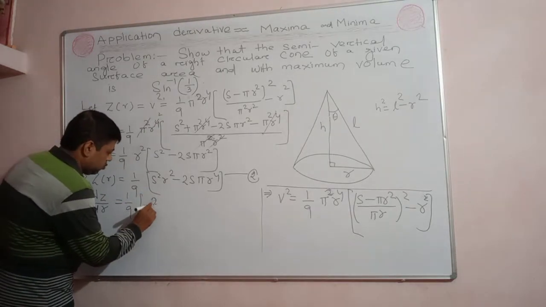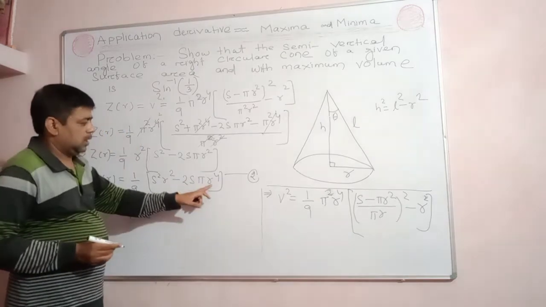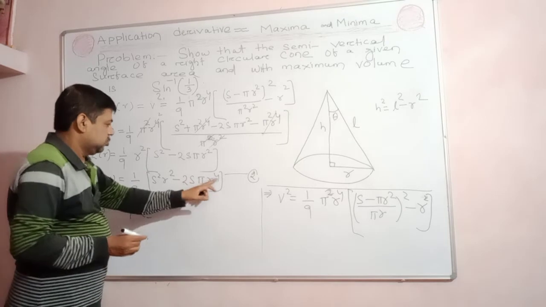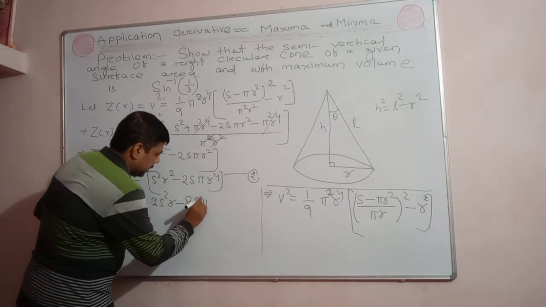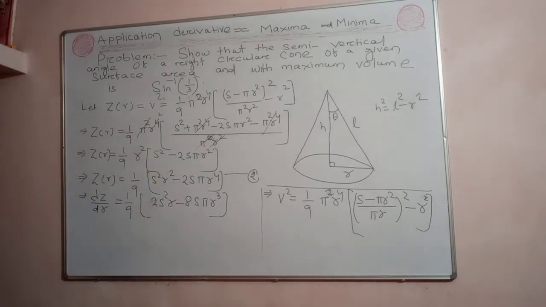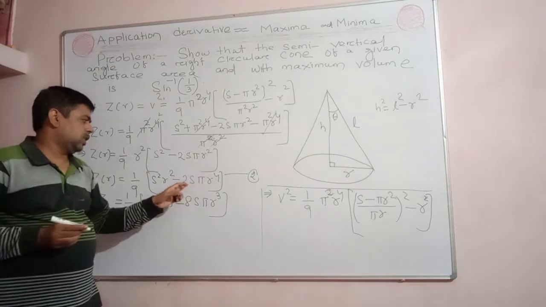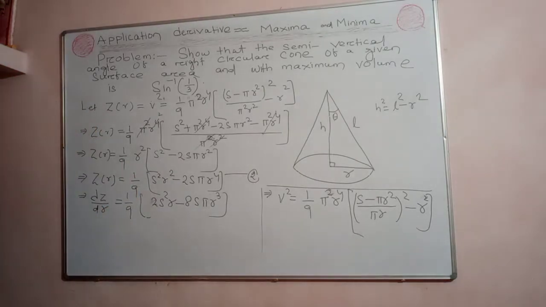So this is 2s square r minus, here r to the power 4 derivative is 4, 4 into 2, 8 s pi r cube, right? Okay. Is it clear?